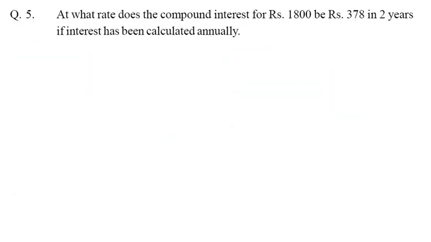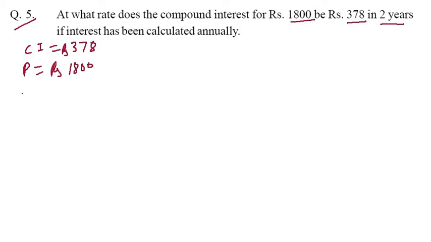Let us come to the fifth question. At what rate does the compound interest on 1800 rupees become 378 rupees in 2 years? So you have to write CI, and that will be equal to 378 rupees. Principal is given as rupees 1800 in 2 years.